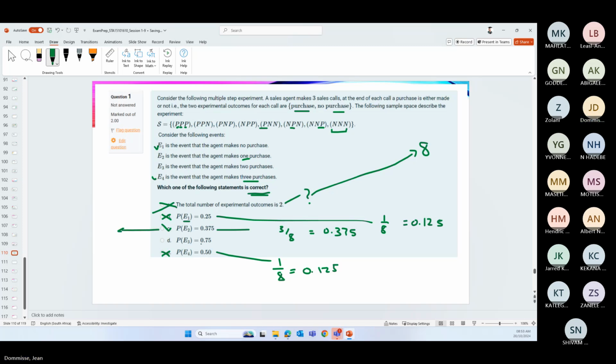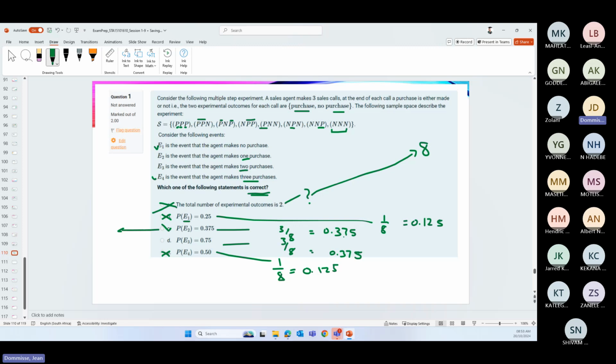And then let's see, event 3 makes 2 purchases. So again, there's 2 purchases, there's 2 purchases, there's 2. So also 3 out of 8, which is 0.375. So you can again see no purchase, 1, 2, and 3. If you add all of them together, you will get 100%.